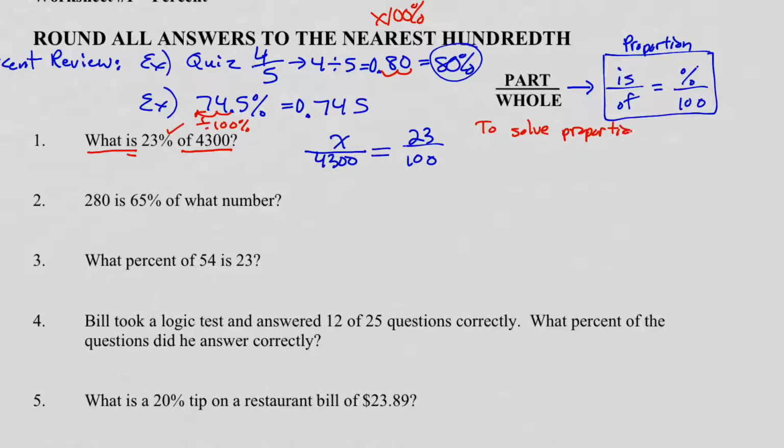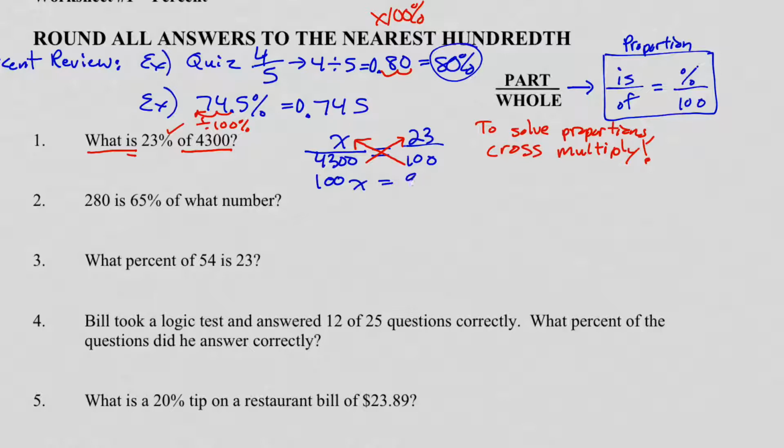So to solve proportions, you need to go ahead and cross multiply. Cross multiplication looks like this. The 100 is going to multiply times the x over here on the left side, and then the 4,300 is going to be multiplied by the 23.